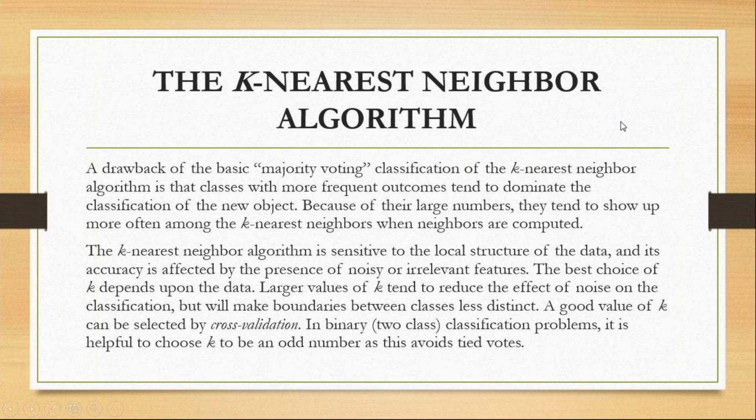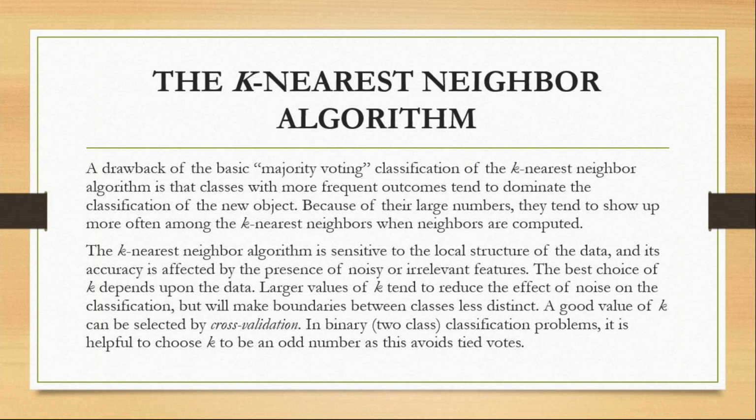So there are some drawbacks to majority voting. As I said earlier, when I increase the value of k, the segregation between the classes becomes very smooth. That is a major drawback. Let's say 70% of my samples are 1 and 30% are 0.